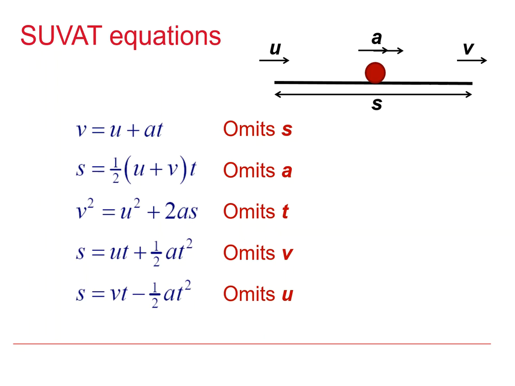Now it's worth learning these actually, because they're incredibly useful and they can just be wheeled out as and when you need them. But it's also worth having a look at the structure of them, and in particular looking at why we have 5, why we need 5, and what is special about each one.